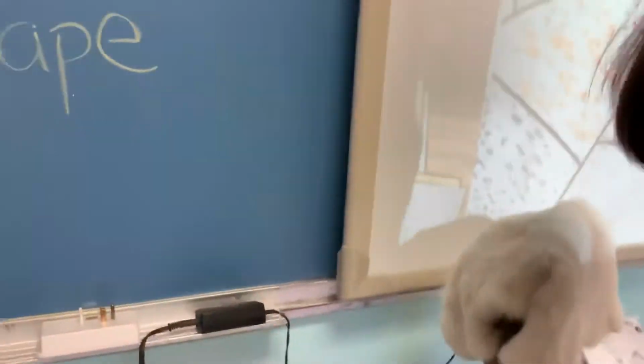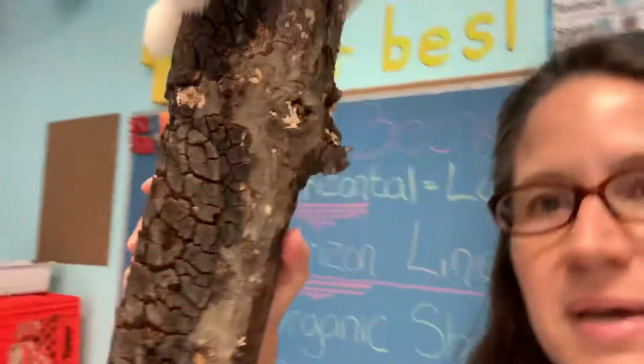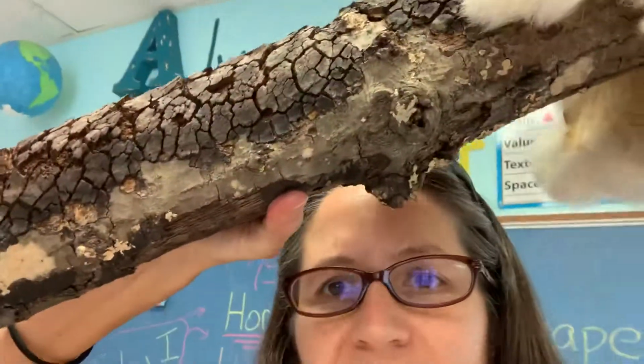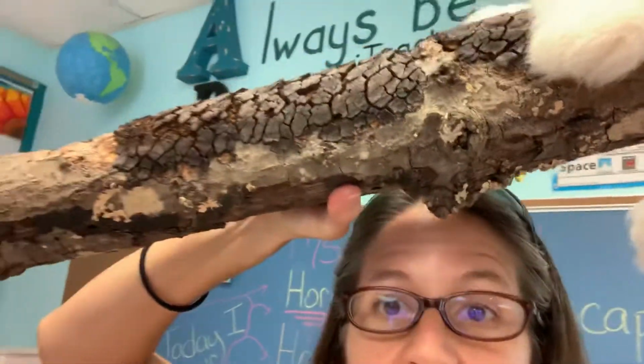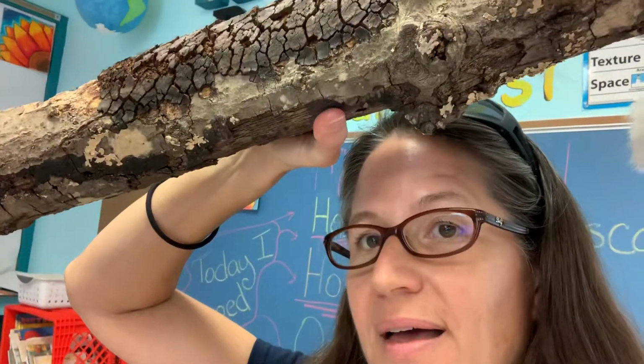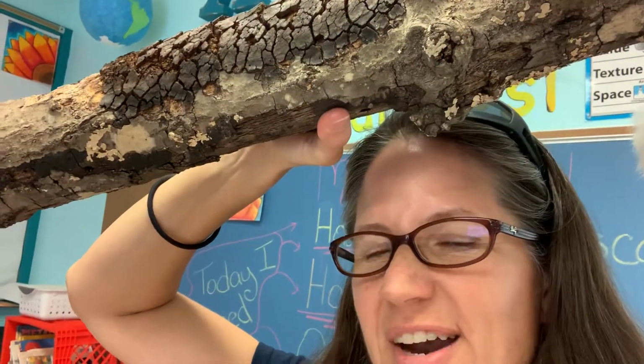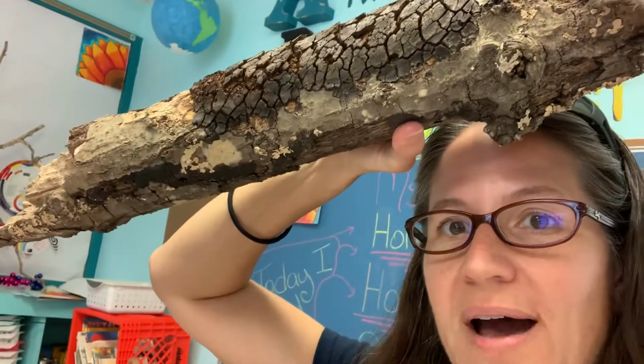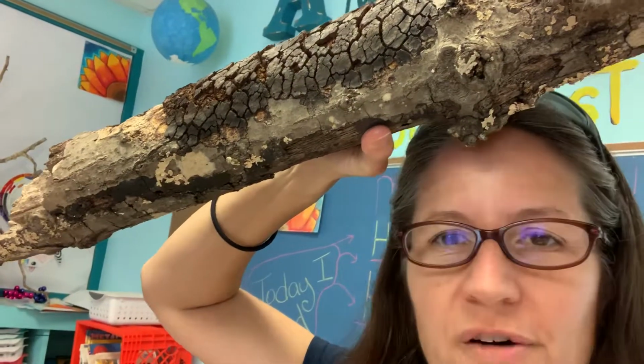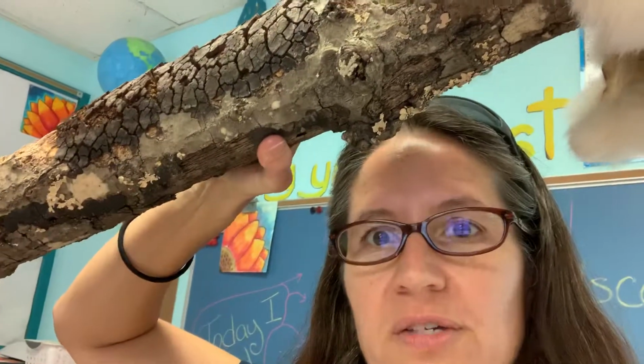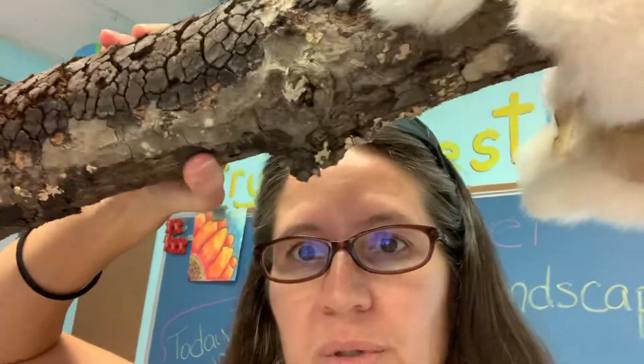So I have in the front of my room here, where's it at? Here it is. You remember this? Oh, it's a big log and a bunny fur. What texture does the log have? Shout it out. I heard rough texture, bumpy texture, hard texture. Yeah, all those are textures associated with the log.